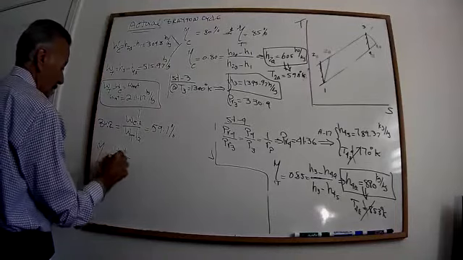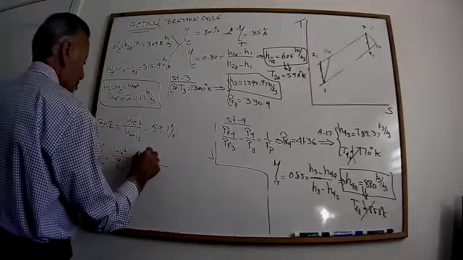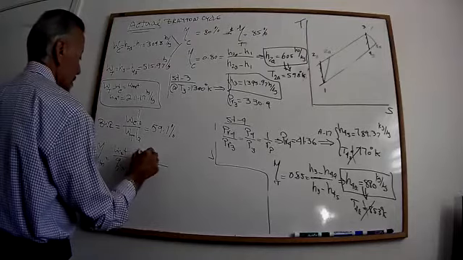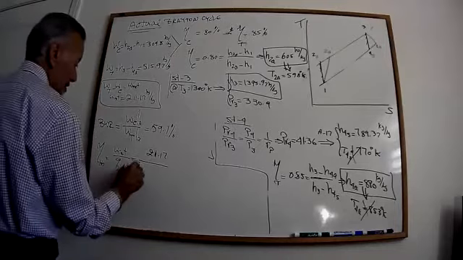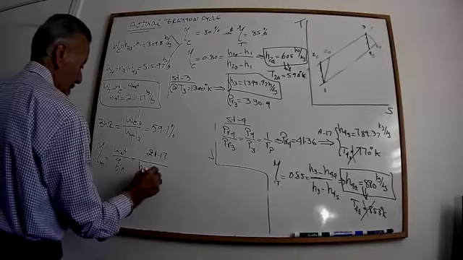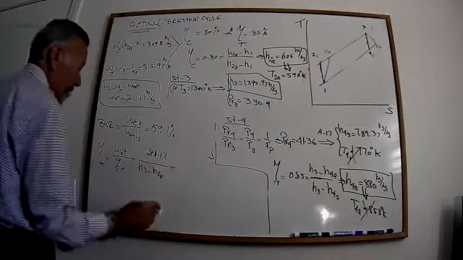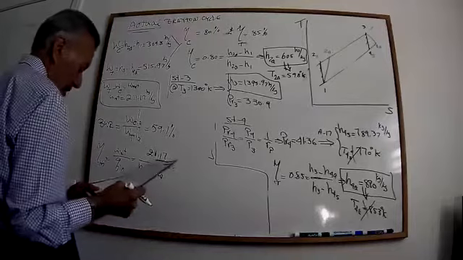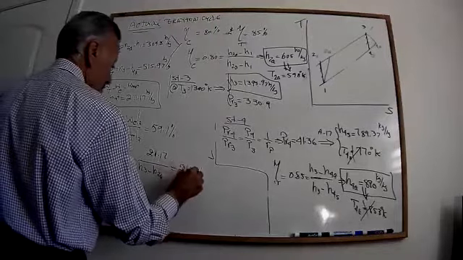So I need to find the Q in value. The net work is 211.17, and my Q in is H3 minus H2A. Once I plug the number in, I find out that efficiency is 26.7%.